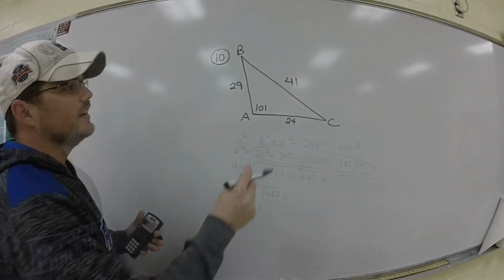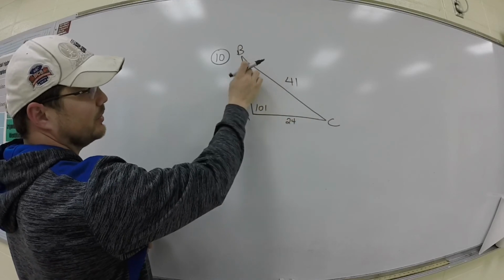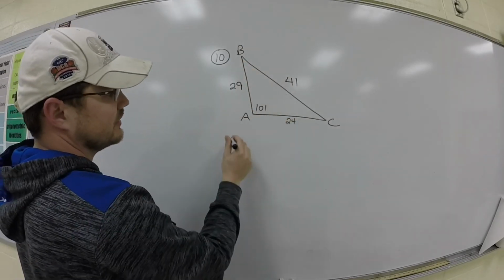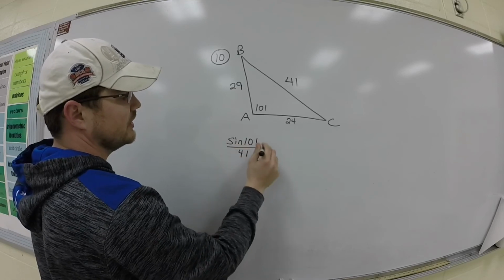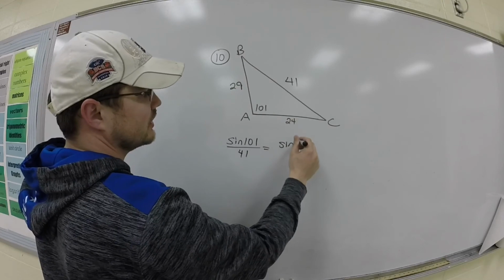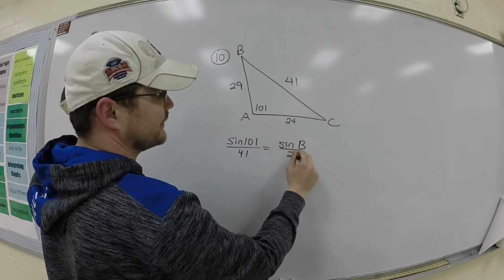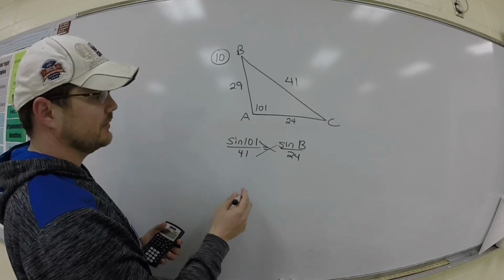Alright, now that I have side A, let's do law of sines and find angle B. So the law of sines is sine 101 over 41 equals sine angle B over 24. Let's cross multiply and get sine B by itself, and then we'll do sine inverse.